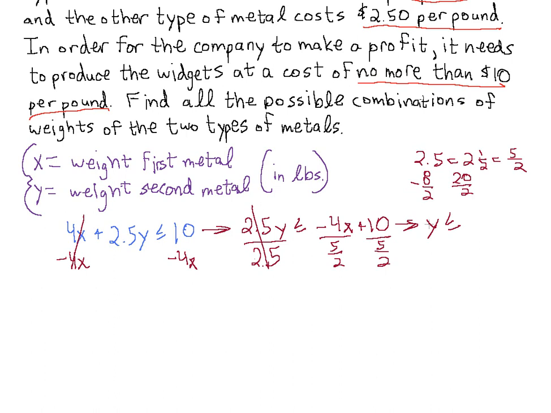Let's write this as minus 8 over 2 divided by 5 over 2, to make our next step easier, and 20 over 2, the same thing as 10, divided by 5 over 2. So we have y is less than or equal to. When we're dividing by a fraction, we don't ask why, but we flip the second and multiply. So minus 8 over 2 times the reciprocal of 5 over 2, which is 2 over 5.